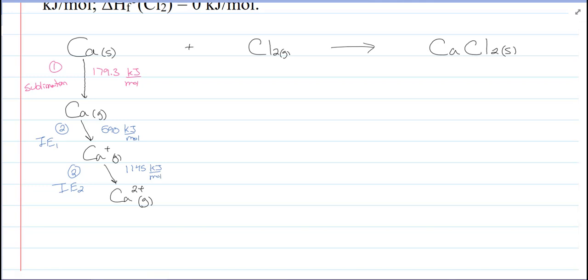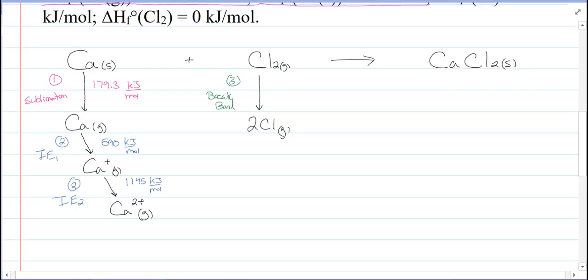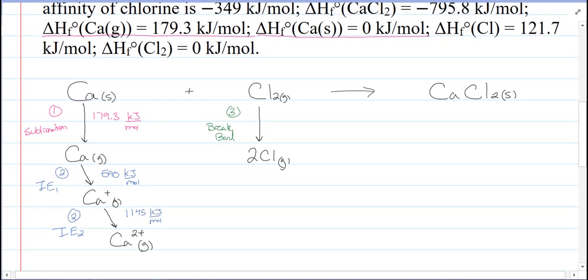Chlorine has to go to 2Cl gas. Has to break the bond. So step 3, we got to break the bond. And the data we have is right here. So it's 2 times, because there's 2 chlorines, 121.7 kilojoules per mole minus 0.